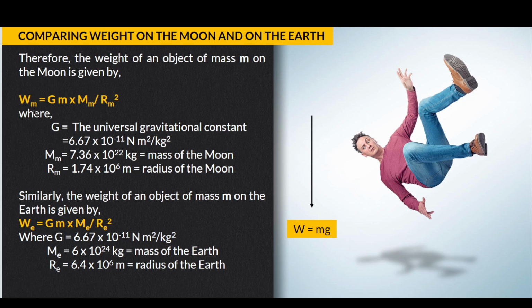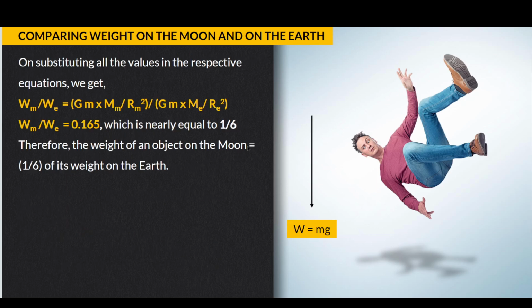Like here, if we calculate, this is the formula for weight: G is the constant, m is mass, over r squared. If we plug in the value of g, the mass of the moon and the radius of the moon, we will get a value, and if we plug in the values for earth, the value is going to be different.